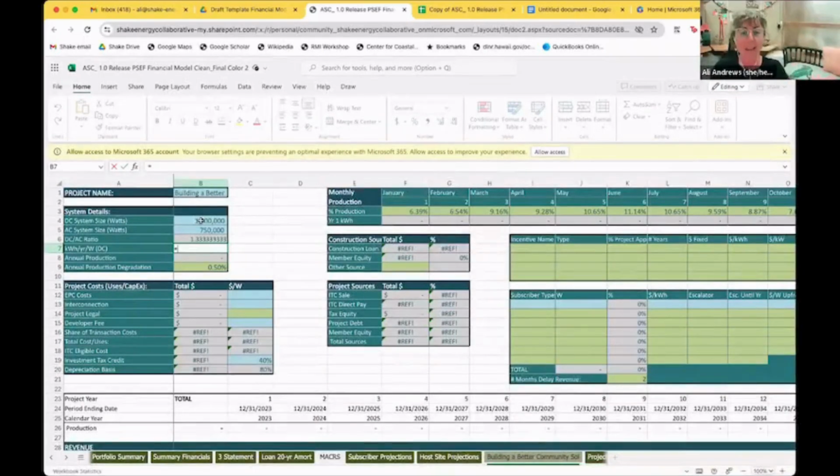But overall, if you multiply the size of the project by 5 hours a day, that will give you the daily output-ish. And then if we multiply that by 365 days in the year, that will give us the annual output. Oh no, this is kilowatt hours per year per watt. So then I guess this is just 5 times 365.